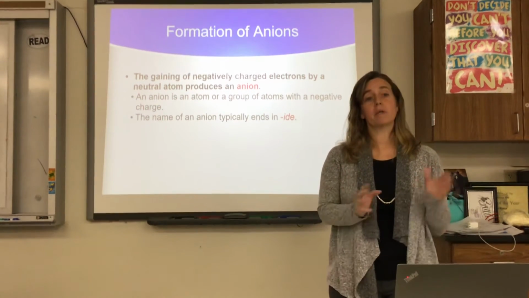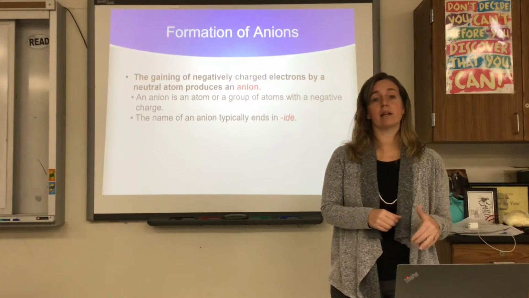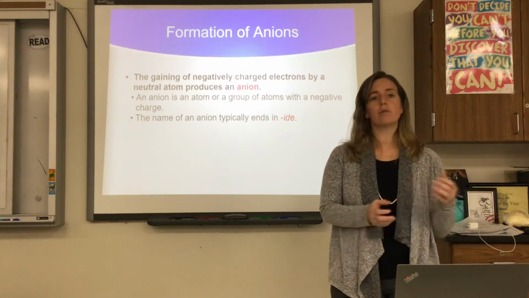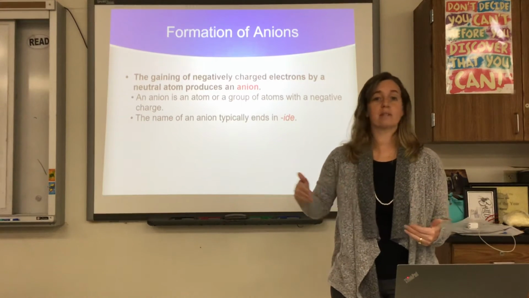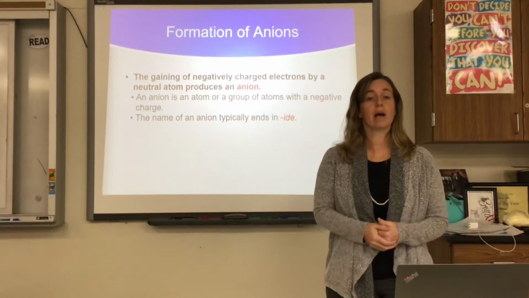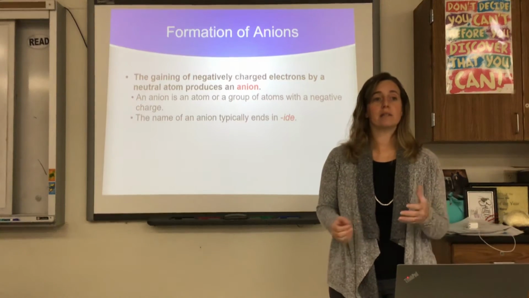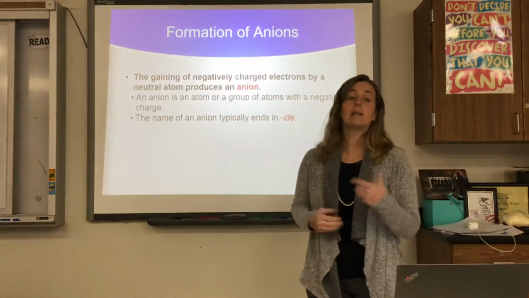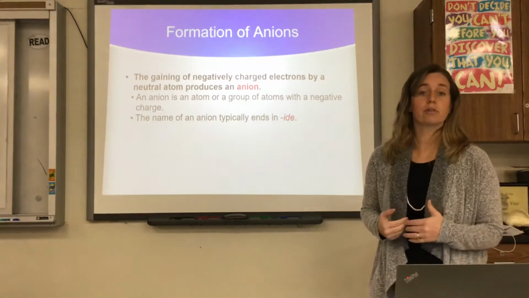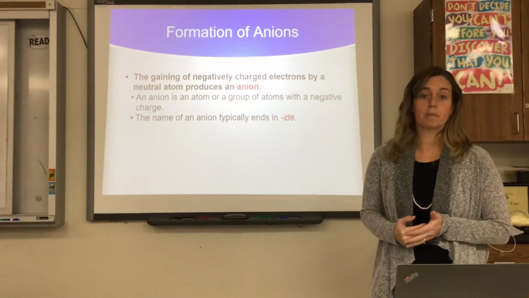But the metals, because they have limited valence electrons, it's easier for them to lose 1, 2, or 3 electrons than it is for them to gain 5, 6, 7, or 8 electrons, okay? So the idea behind this is metals will lose and go down a row in order to gain stability. Nonmetals will gain enough electrons to move over to gain stability.